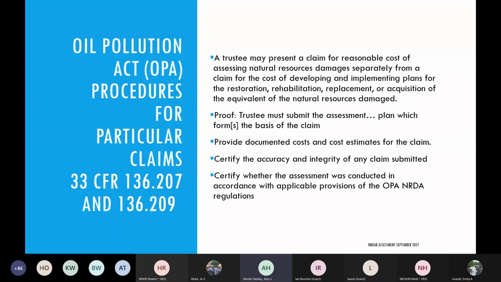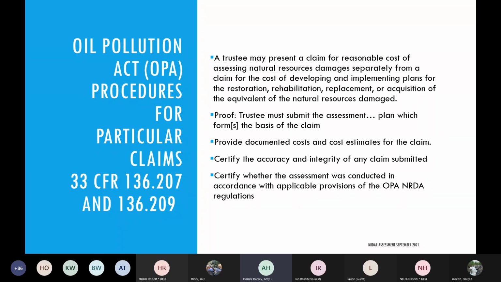So some of you might be a little bit confused because I was just talking about the CERCLA NRDA regulations, that 43 CFR Part 11, and now I just flipped into the NPFC regulations and code there. But I didn't talk about the OPA NRDA regulations, right? NOAA's regulations at 15 CFR Part 990.